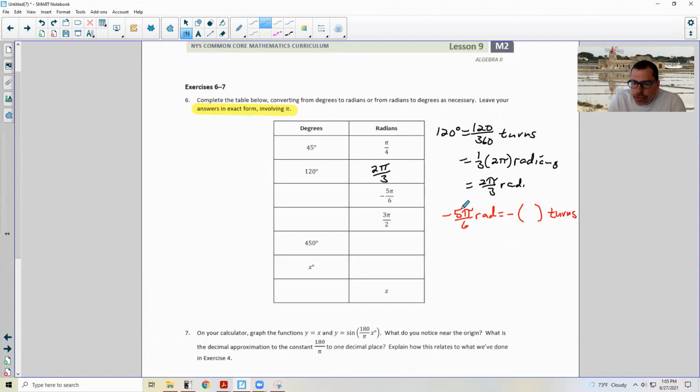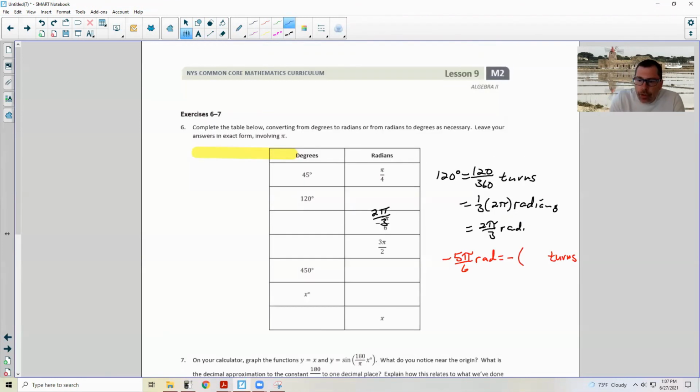Okay, so how many turns is 5/6 of a circle? Okay, so again, we have that pi value right there. Remember that. That would be 5 over 6 times 1 over 2, because pi is in half a rotation. So that is going to equal negative 5 over 12, times 360.